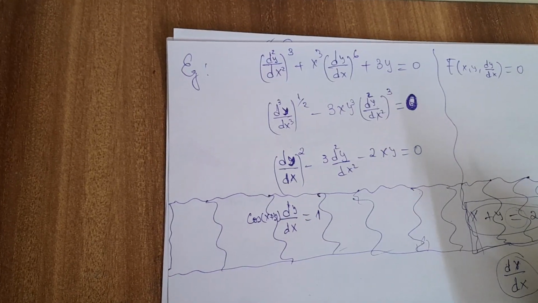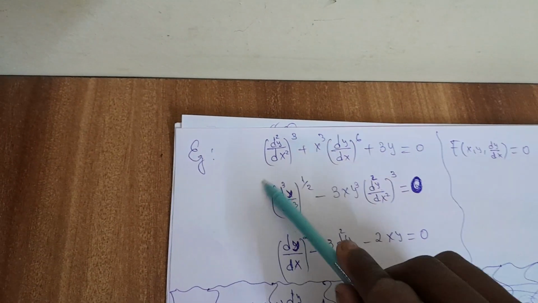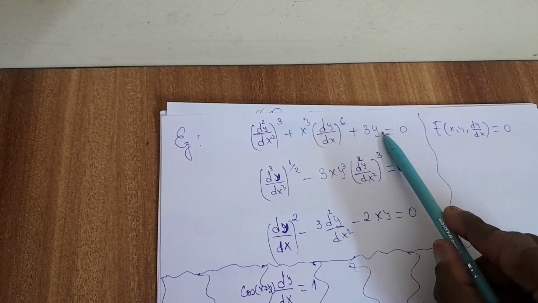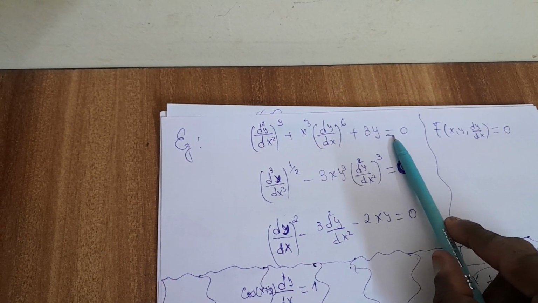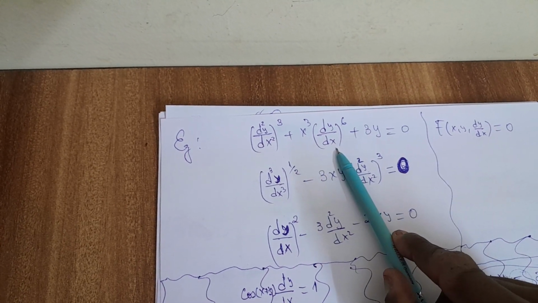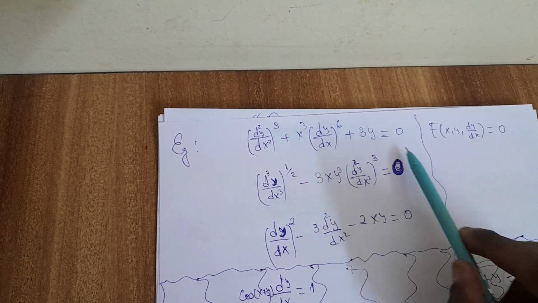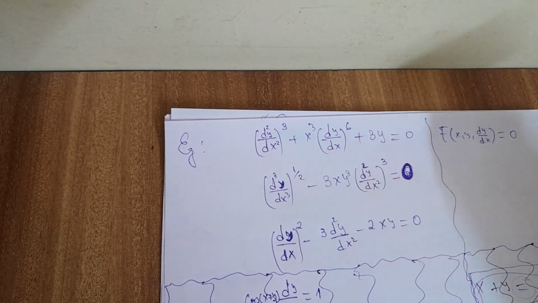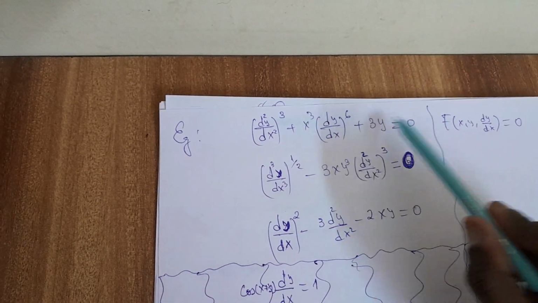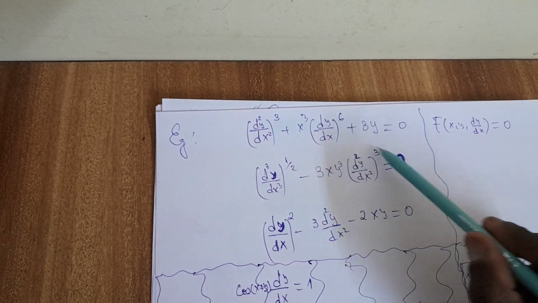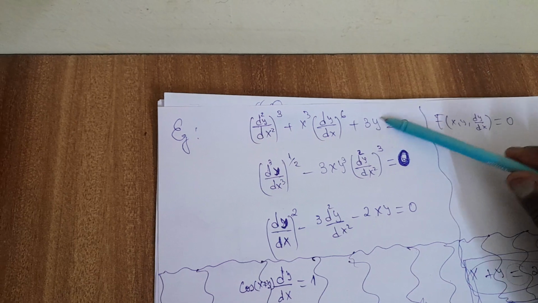It must be an equality like this. Here you can see it is an equality, and there we have a left side part and a right side part. So this can be called an equation because it is an equality.